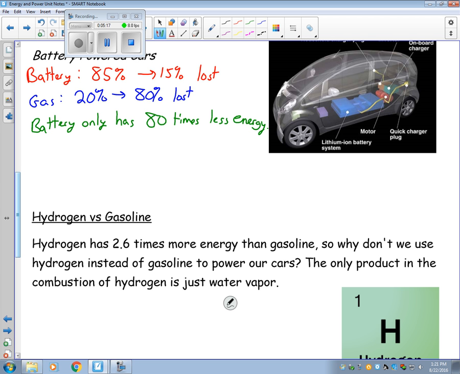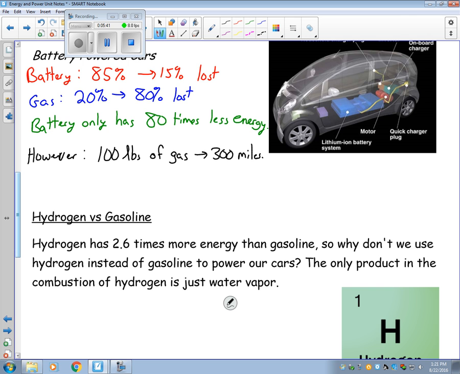However, we need to consider weight. A car will hold roughly 100 pounds of gas. And that will give the car a range of right around 300 miles.